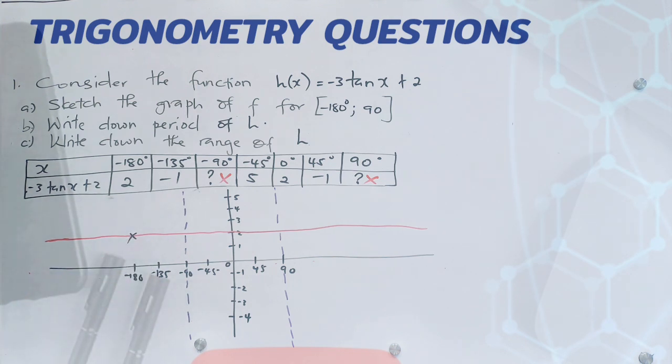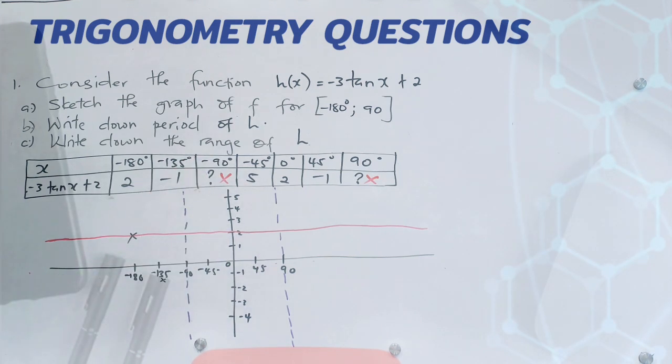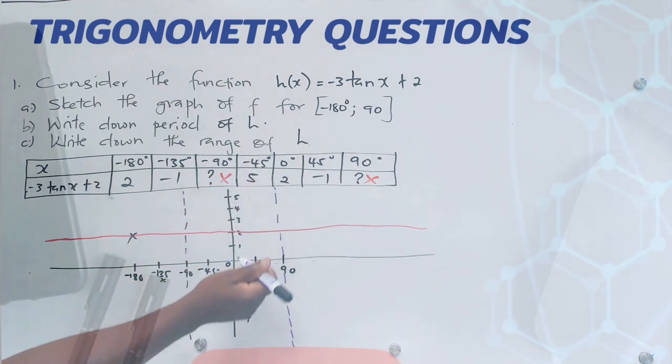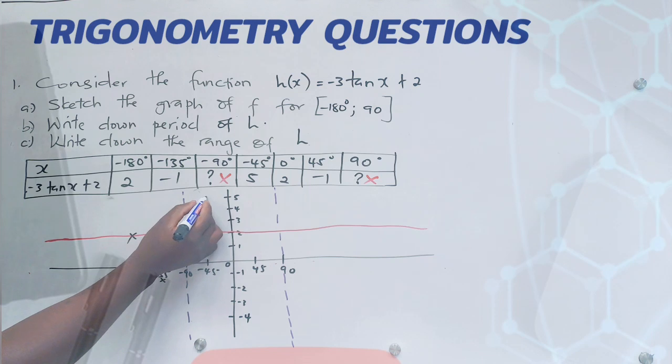Then we have minus 135 and minus 1. Minus 135 is this one, and minus 1 is somewhere here. Then minus 90 is an asymptote line, so we don't do anything there. Minus 45 and 5. Minus 45 and 5, somewhere here.